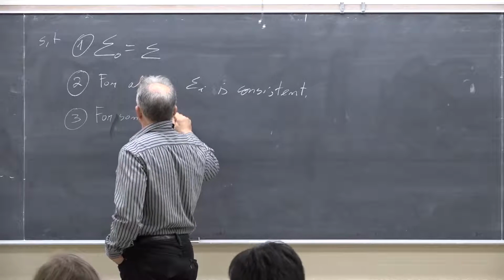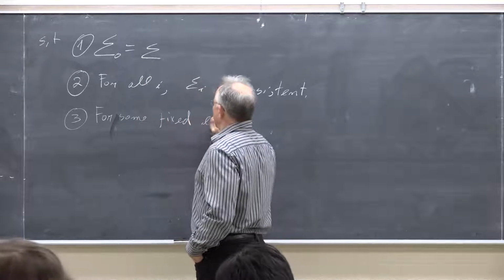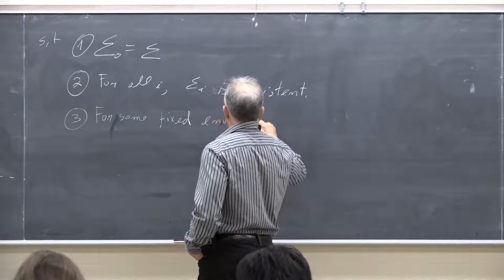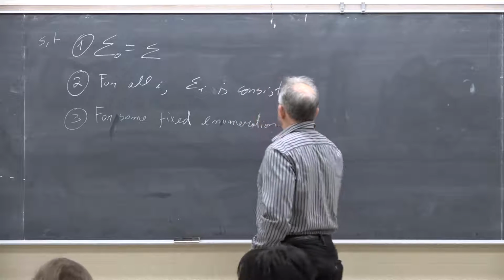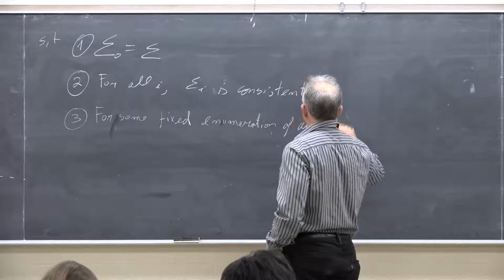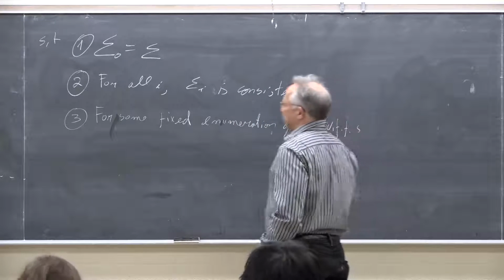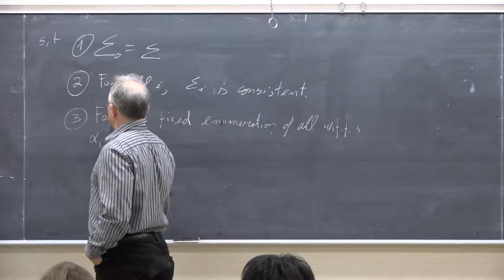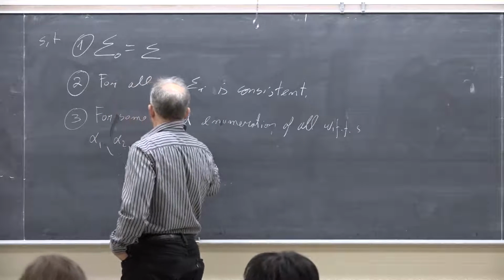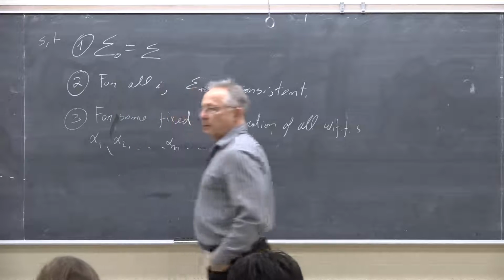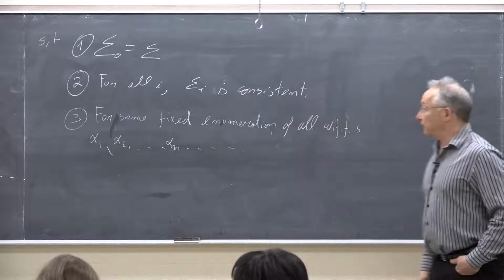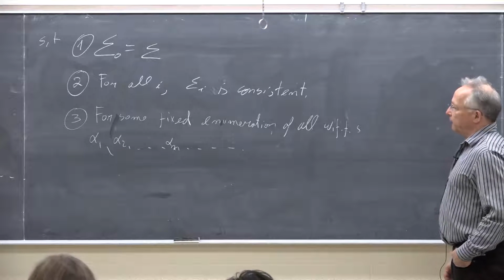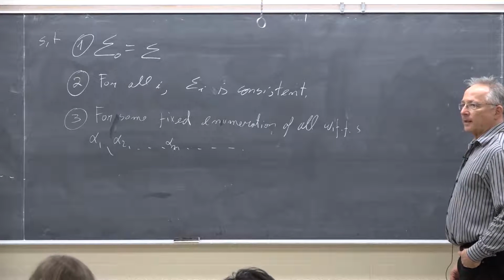fixed enumeration of all WFFs, so I have an enumeration alpha 1, alpha 2, alpha n, that enumerates all WFFs. And in order to get such enumeration, I have to restrict my set of variables.